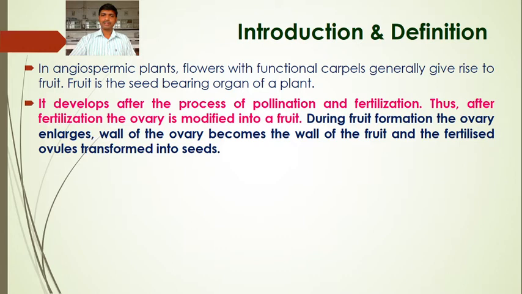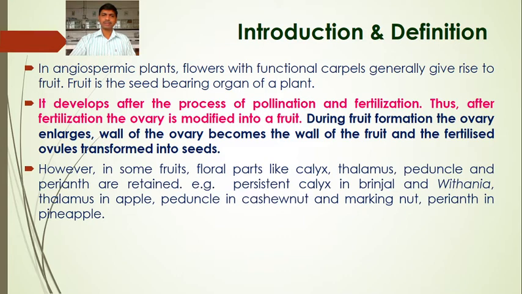The fruit wall is the wall of the ovary formed after enlargement of the ovary, and the fertilized ovule is transformed into the seeds. Fruit is produced after the process of pollination and fertilization.